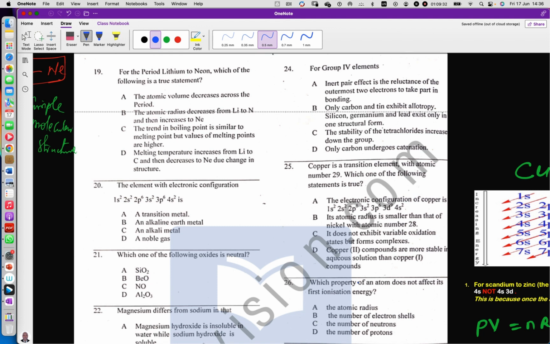Then from nitrogen right to neon, they are all simple molecular structures with simple covalent bonds and weak van der Waals forces, and they require less energy. That is why it is decreasing.